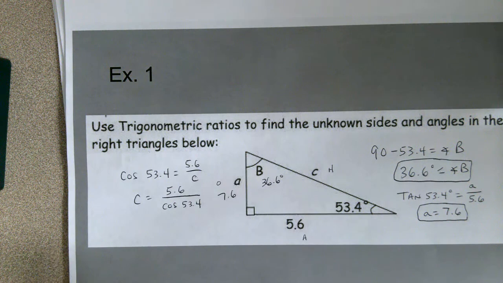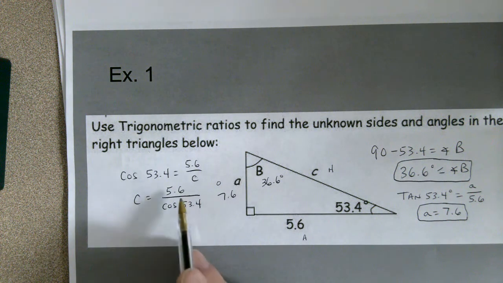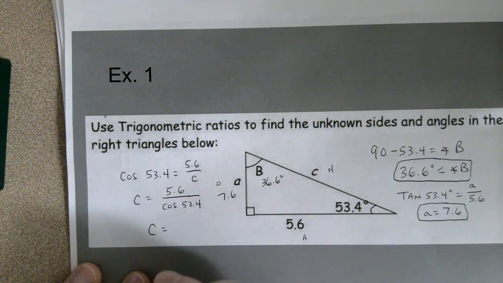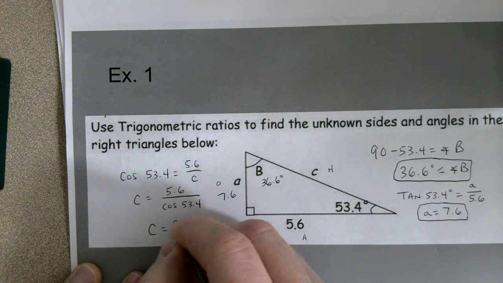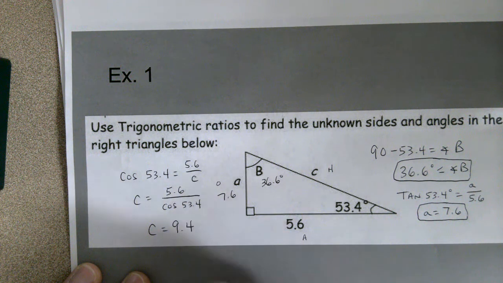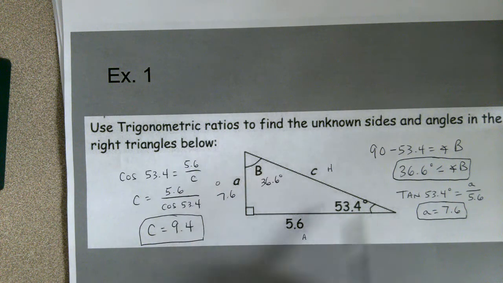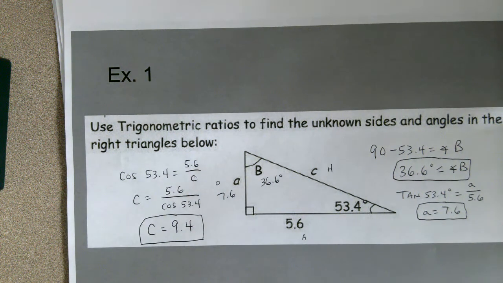That'll help you with typing it into your calculator. Hopefully when you go through that process, C is going to be 9.4, which is a good sign because that is my hypotenuse, and that should be longer than both sides, A and this 5.6.